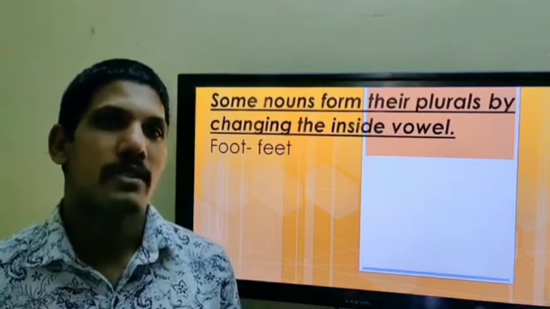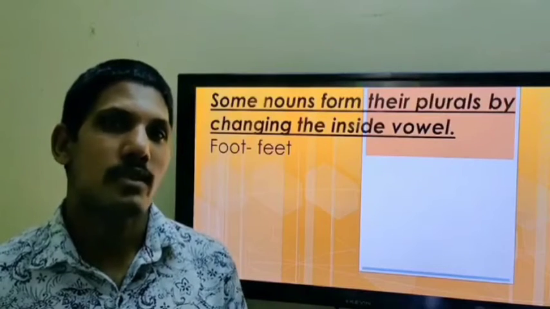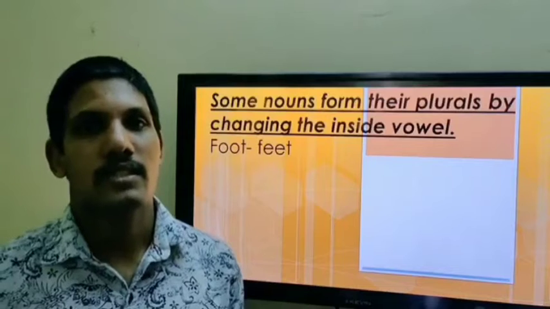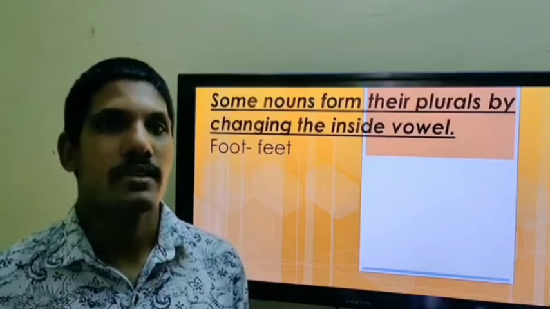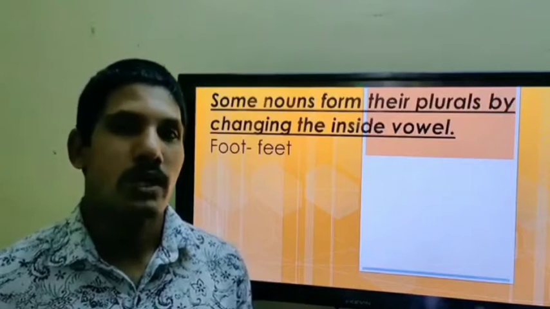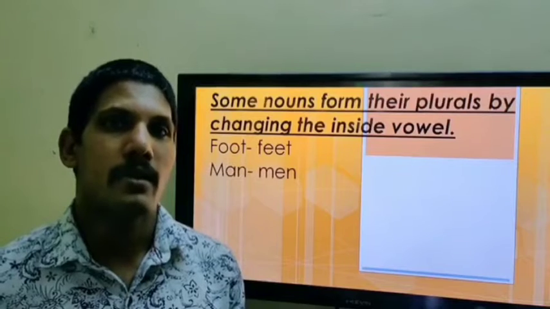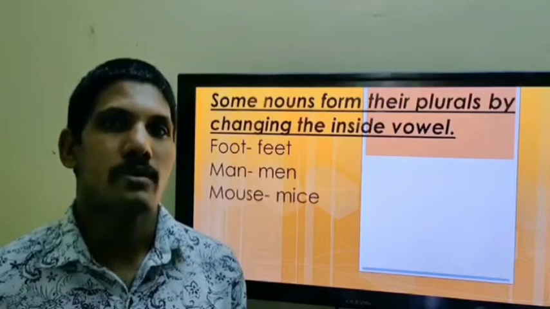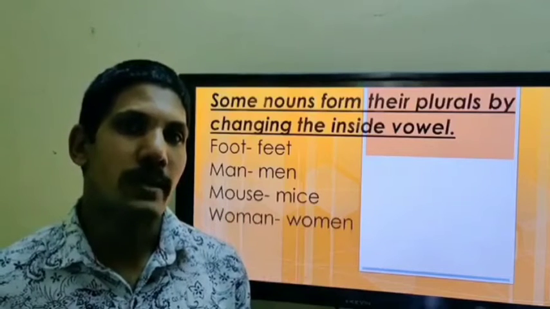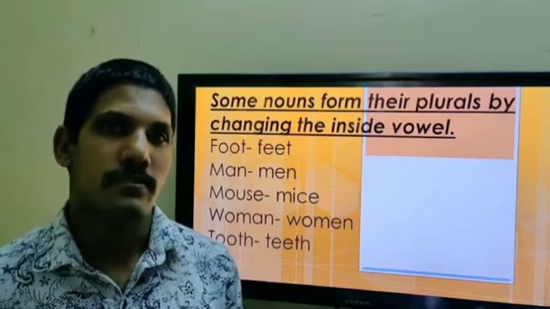What happened here is that o, the inside vowels, were changed into ee, thus foot became feet. Likewise, man becomes men, mouse becomes mice, woman becomes women, and tooth becomes teeth.